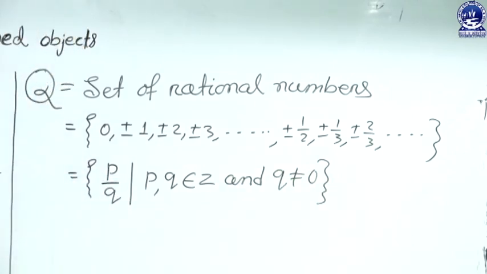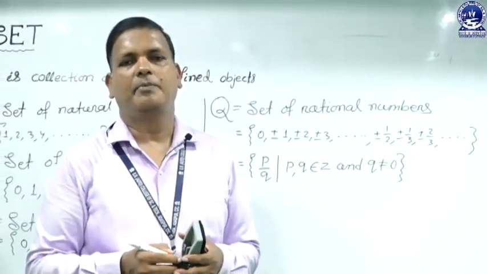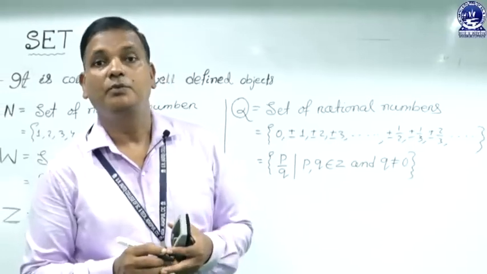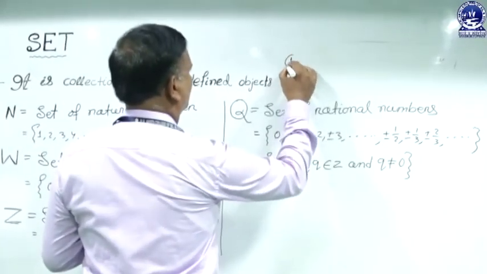That means a set can be represented by two defining properties. So what are the defining properties? One is list form.